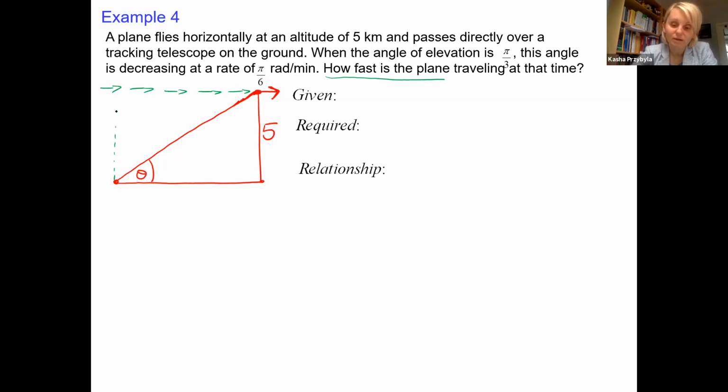This is the moment that I start tracking. Let's say the plane is here and then the plane is here. That means this is the distance, and the plane is here, this is the distance.